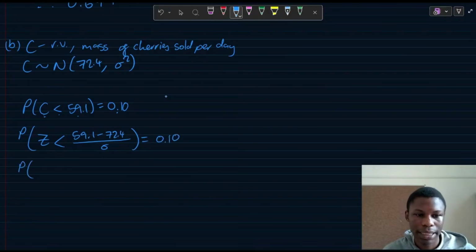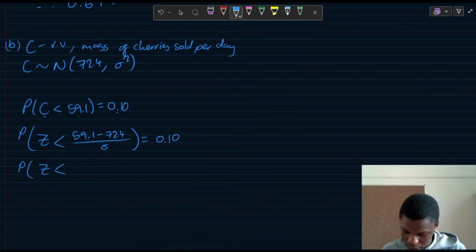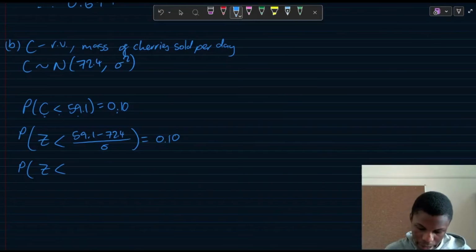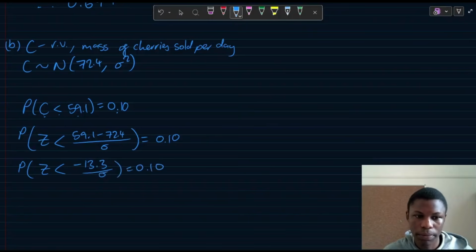So the probability that Z is less than (59.1 minus 72.4), that is negative 13.3 over sigma, is equal to 0.10.